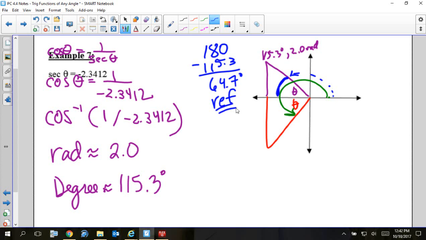Because if you look at the green arc, there's no way that's 64.7. It's just this part right here. That's 64.7. How do I find out, starting at 0, going all the way around, add 180 to it, right?